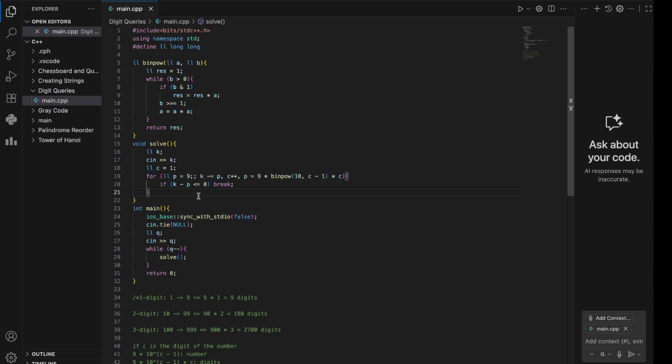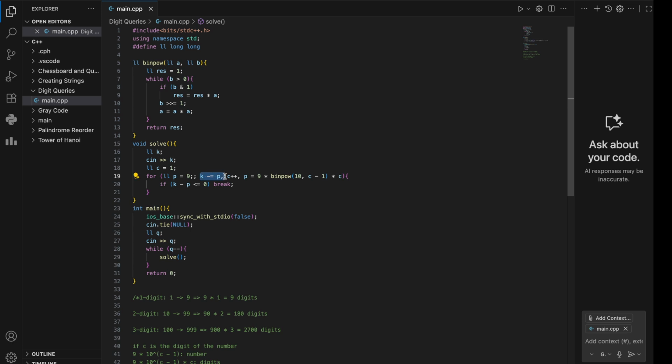So I initialize the variable P as 9, and throughout this loop we examine the value of P. If K minus P is less than or equal to 0, we break this loop because we can determine the block in which our digit appears.